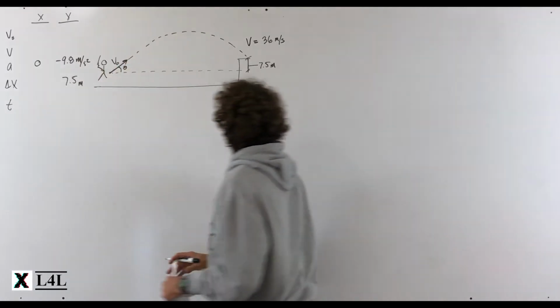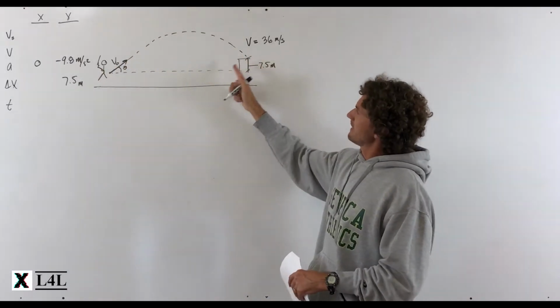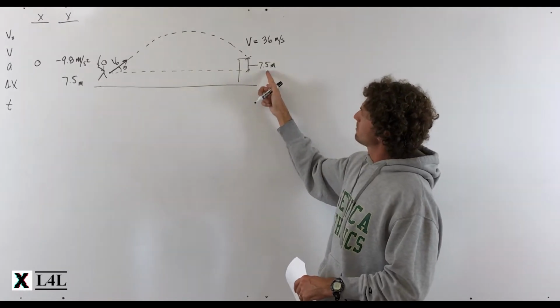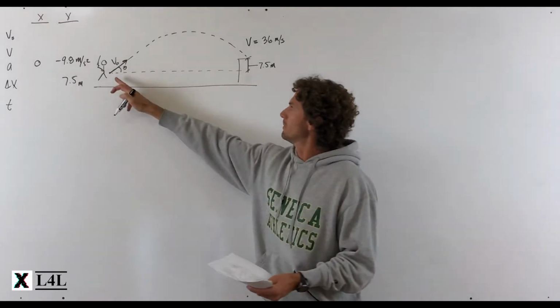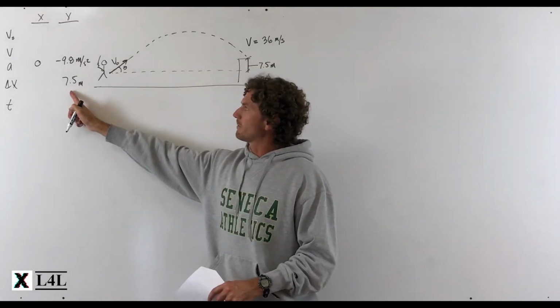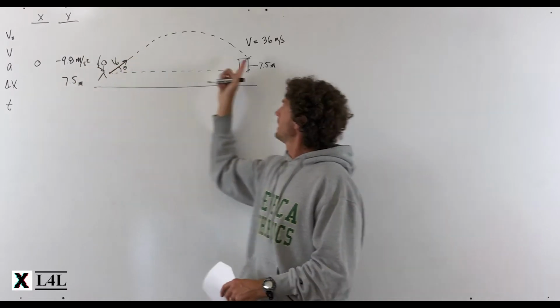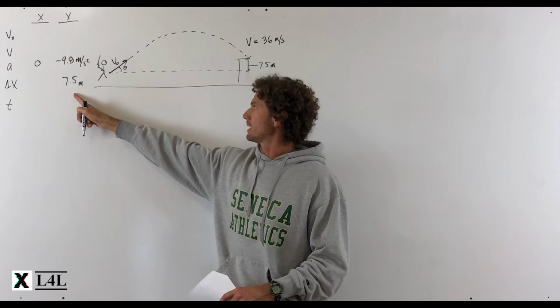We don't know what angle either. Okay, launches it up, it lands in the stands, he hits a home run, but it's actually 7.5 meters above where he actually hit the ball from. So I've tracked that as my vertical displacement. The final position ended up 7.5 meters above where it started.